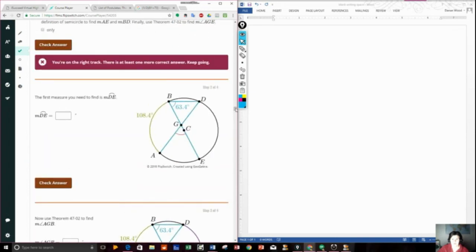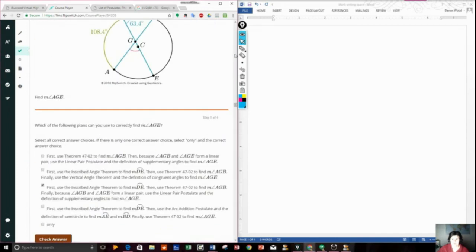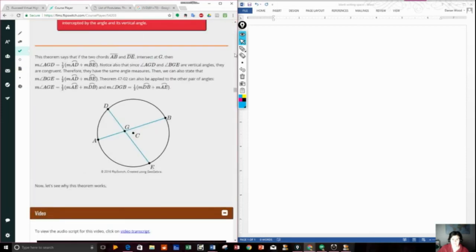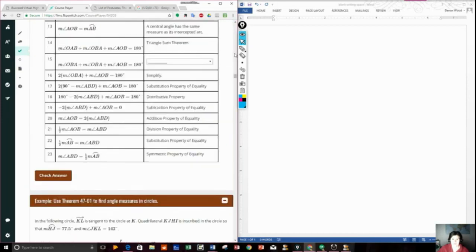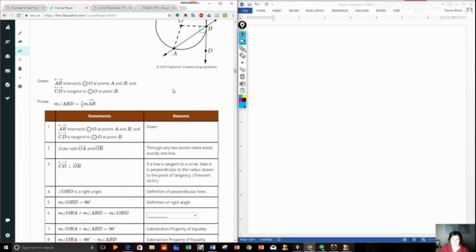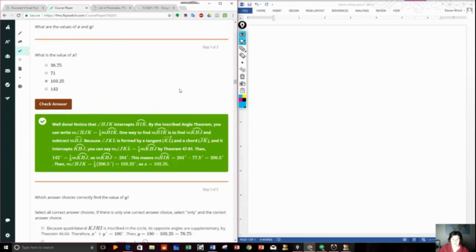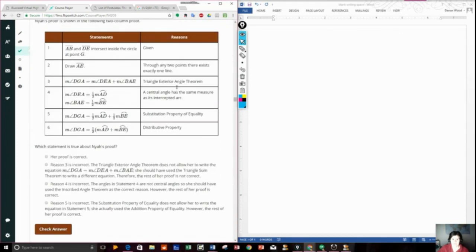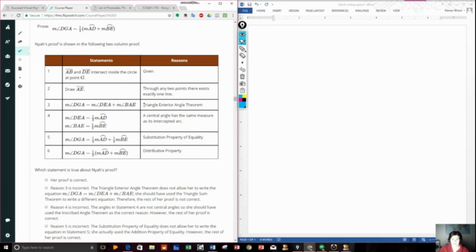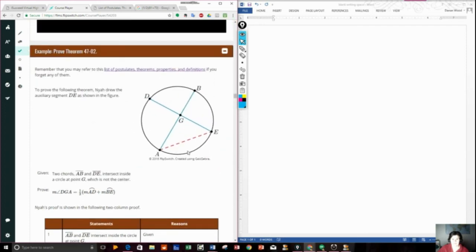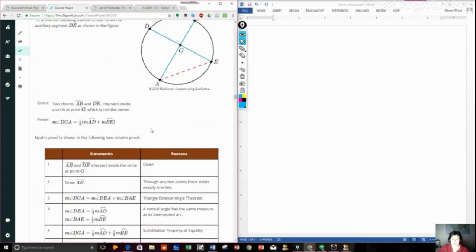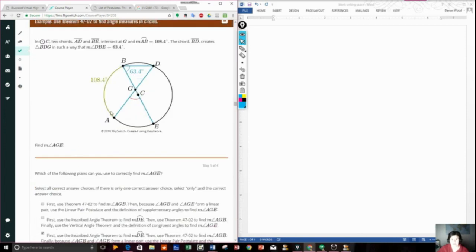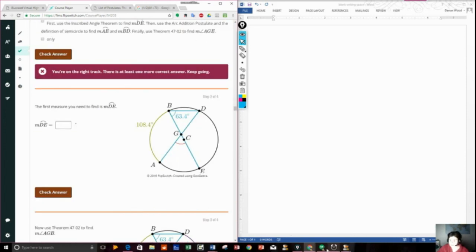And then the other proof that we had to compare it to was given right here. And right here it said the triangle exterior angle theorem. And yes, it does not have any vertical angles in there, so that's why it's not included. So anyways, there's some helps and tips for you.